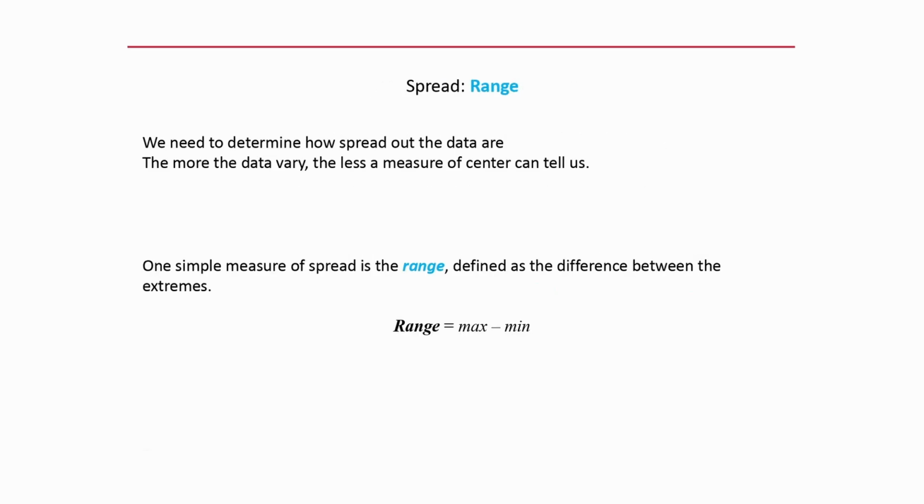One of the easiest ways to measure spread in a dataset is by something called the range, where we take the maximum value and the minimum value, and we find the difference between the two. It's very simple, it only requires 2 of the observations, and again, very easy to do by hand if you had to.